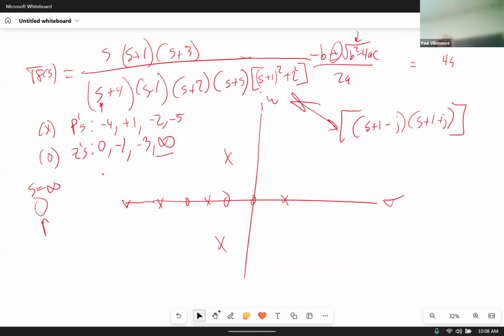Wouldn't you have to have another complex pair out there? Complex conjugate pair, yeah. No, there's two, they're right here.